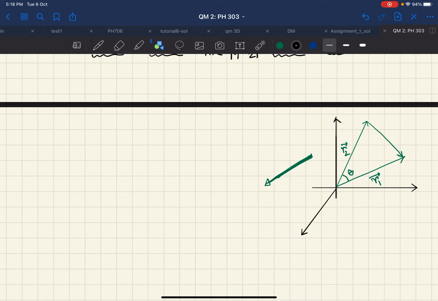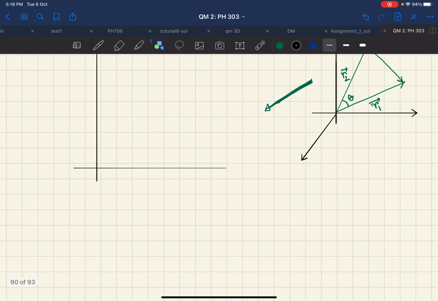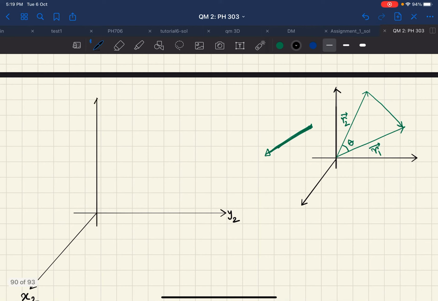So I propose that we have a coordinate system like this, where this is my x2, y2 and z2 coordinate. Let me orient my r1 vector along the z2 direction. So what I am saying is that I will actually orient my r1 vector along the z2 direction.